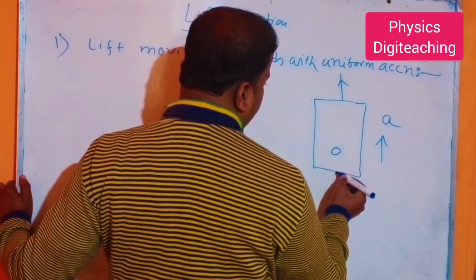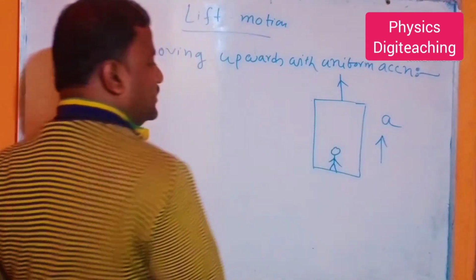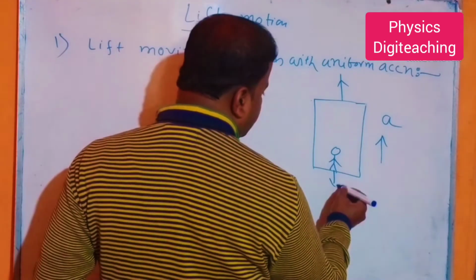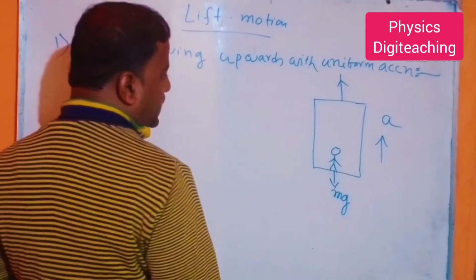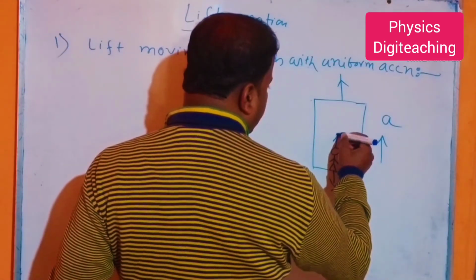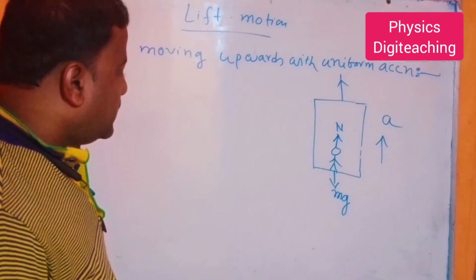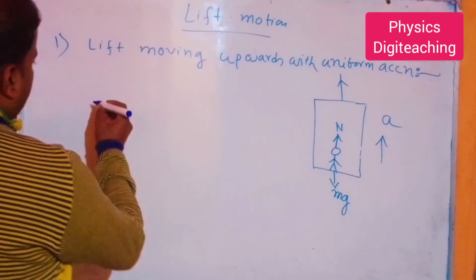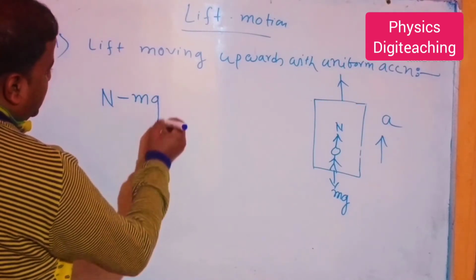Here a person is standing on the floor of the lift and his weight mg acts downward. The floor of the lift gives normal reaction N. Two forces act on the body, N and mg, and the resultant force on the person is N minus mg.